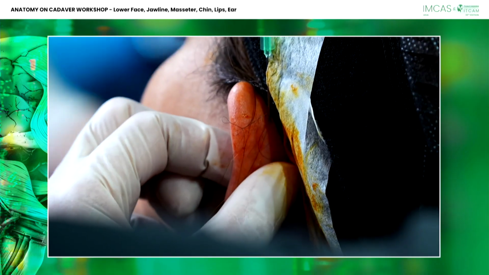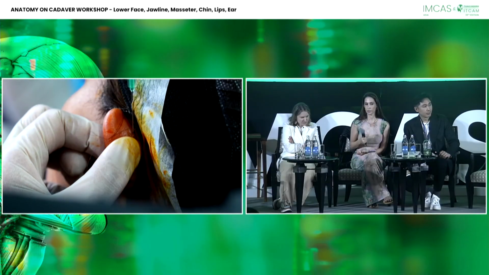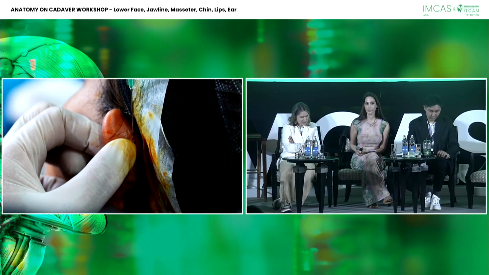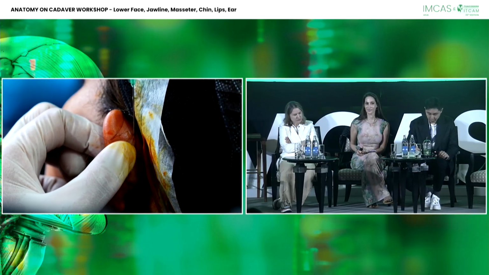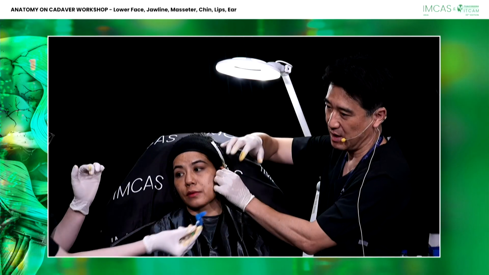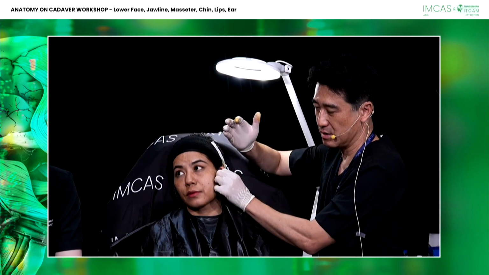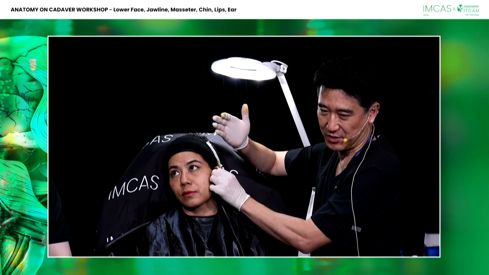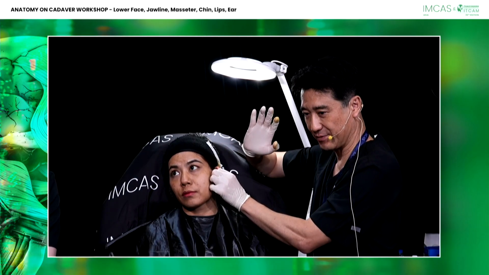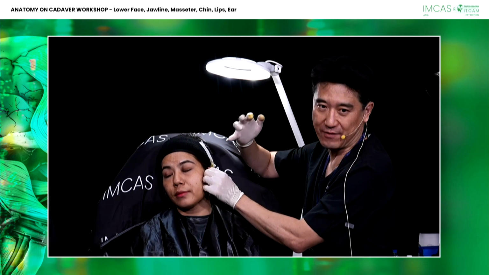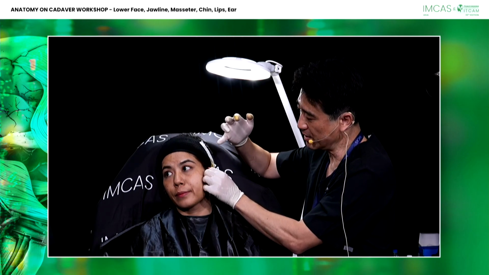Have you had any complications since doing this procedure? No, for me, because I'm preventing vascular compromise. Well, not 100%, but comparing to other doctors, I'm using ultrasound, so prevention of vascular complications, and I really think about infections.